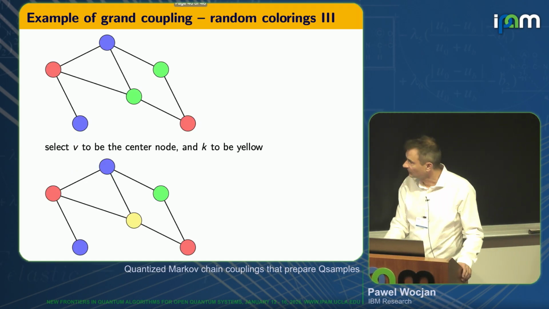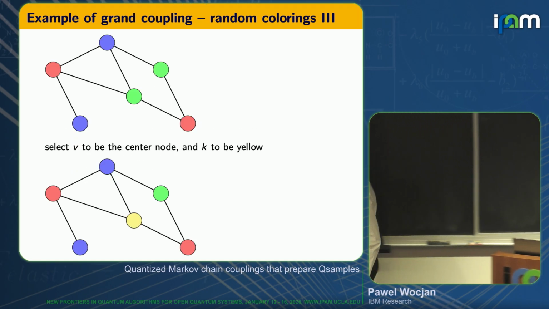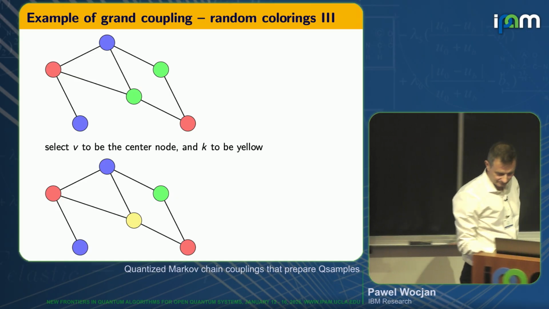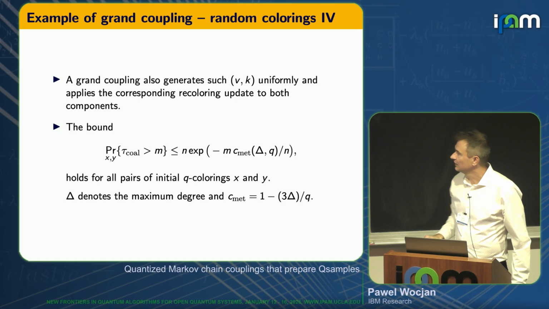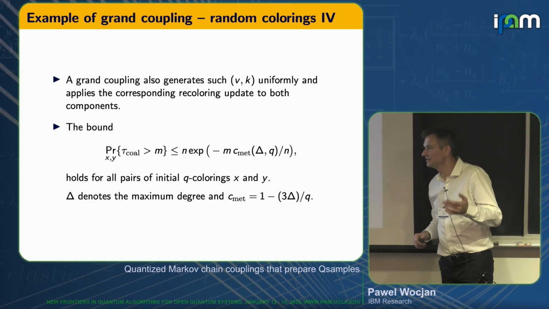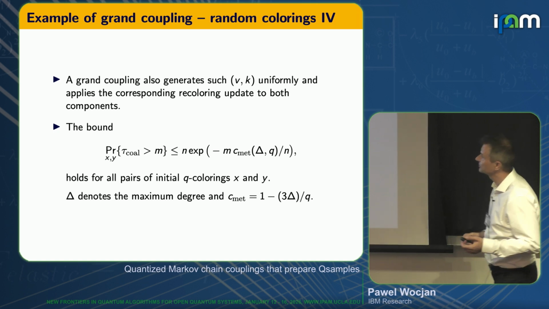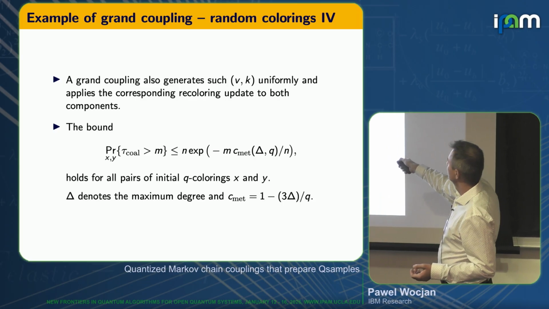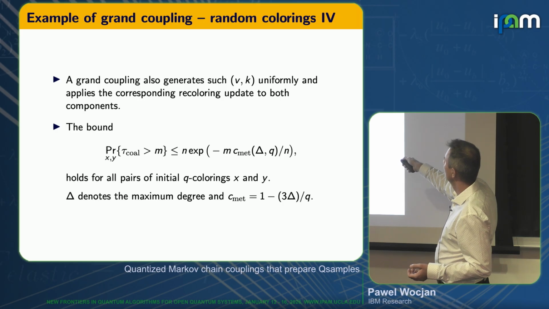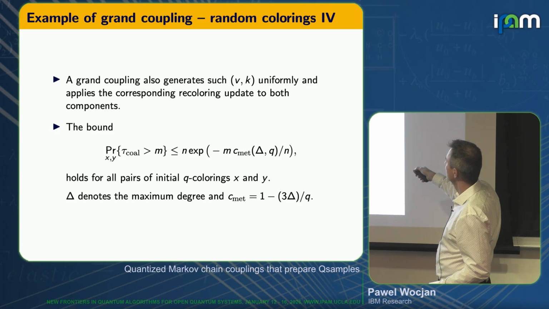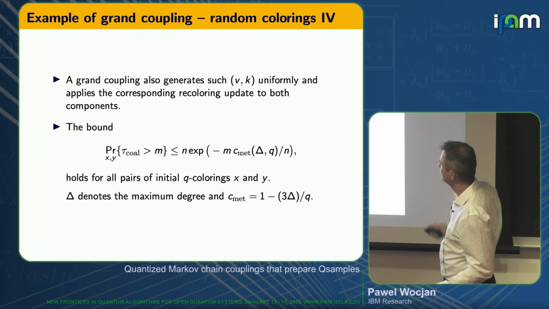And so for example, if you selected this one, you can recolor it, so that's okay. And what you can show is, this is not something that we have shown, so I'm just giving you an example from the book on Markov chains. So a grand coupling generates this vertex to be recolored and this new attempted color uniformly at random and applies the corresponding recoloring update to both components.